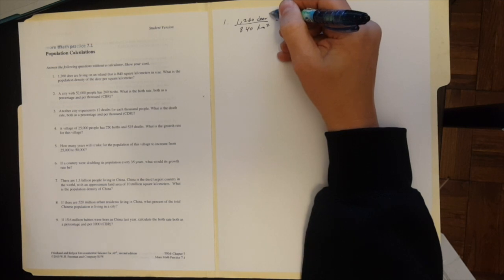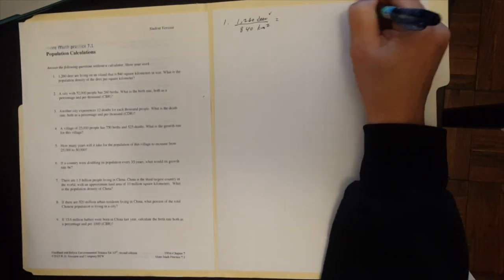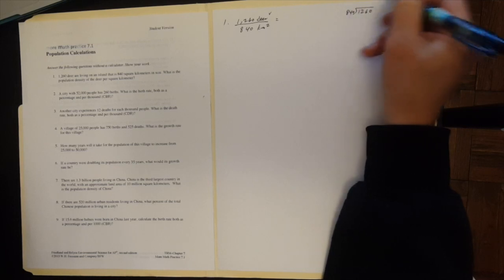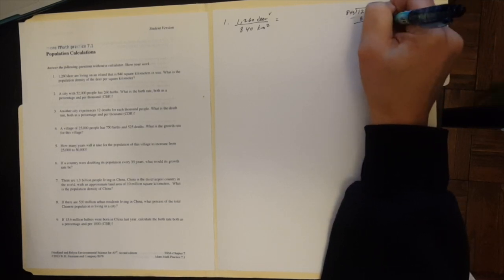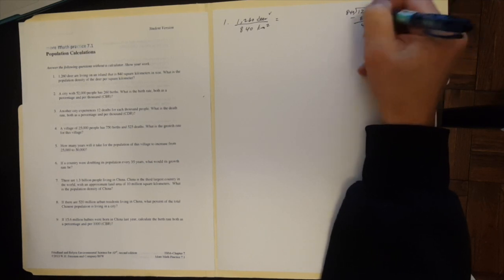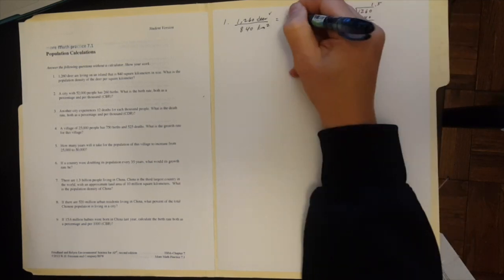Okay, so just figuring out how to set it up and doing it gets you a point. So then you actually can do the division, 1,260 divided by 840, and you find 1.5. So this is 1.5 deer per square kilometer. So that's density in terms of population, number of organisms per unit area.